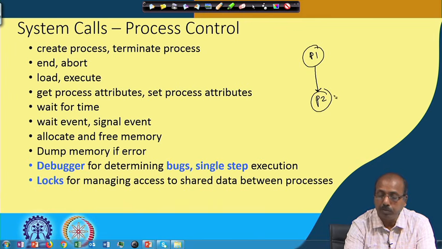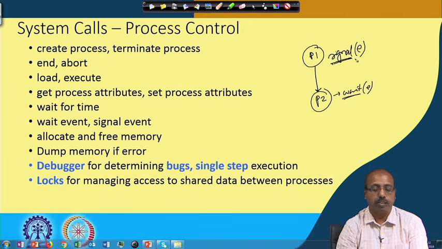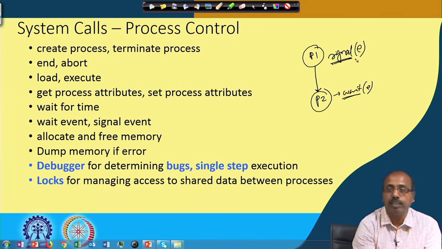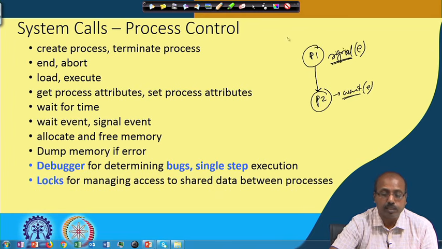So, P2 is waiting on some event E. That is the wait system call, and process P1 will be doing the signal on E. That way it will signal that the event has occurred. That is the wait event and signal event. They are two different calls for which there must be system calls available, so that they can be utilized by the processes.